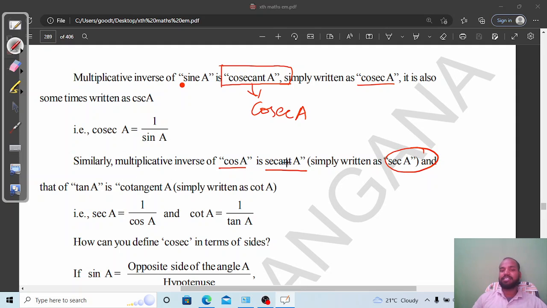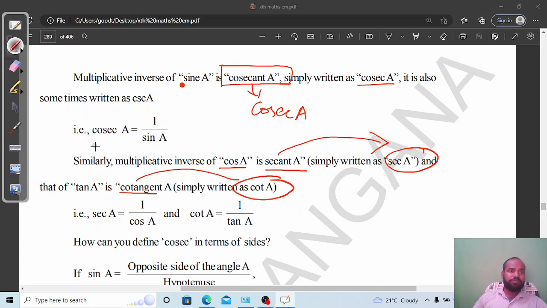Don't confuse with these names. Cotangent we simply call cot A. Are you clear? These are the basic things you don't forget. We shortly call them cot, tan, sin, sec, cosec.